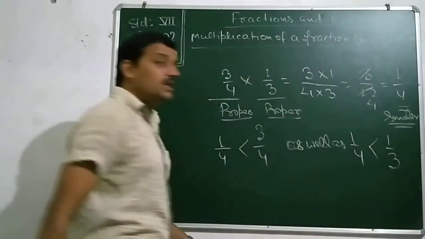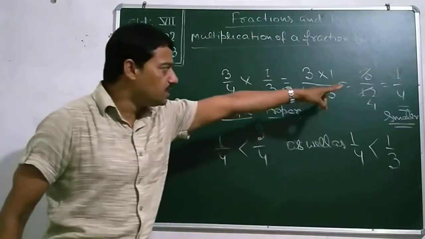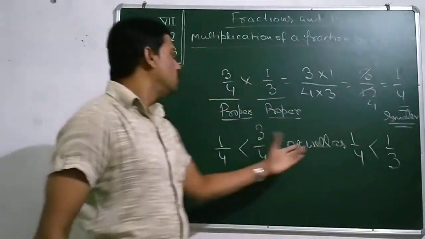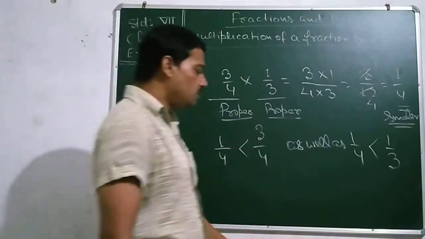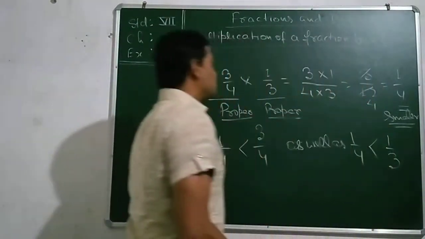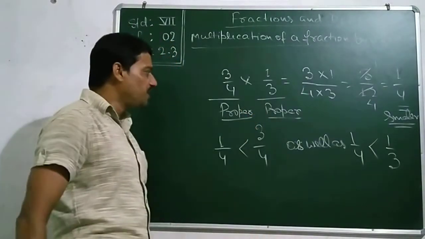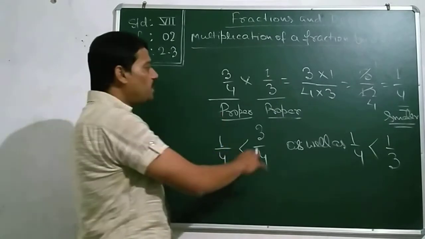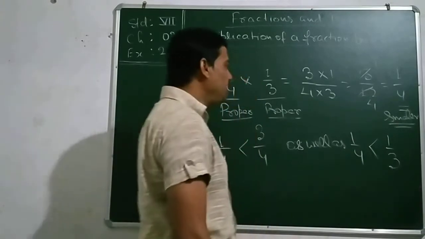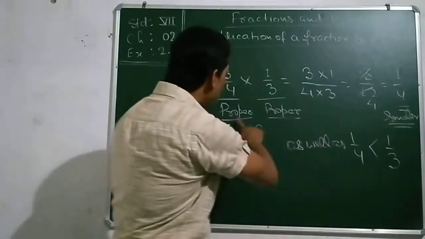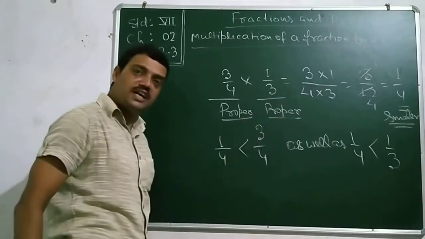If you multiply two proper fractions, then the result is smaller than both of the fractions. But if you multiply two improper fractions, you will get the opposite: one improper fraction into one improper fraction, the resultant number will be greater than both of the numbers. Exact opposite condition you will get there.